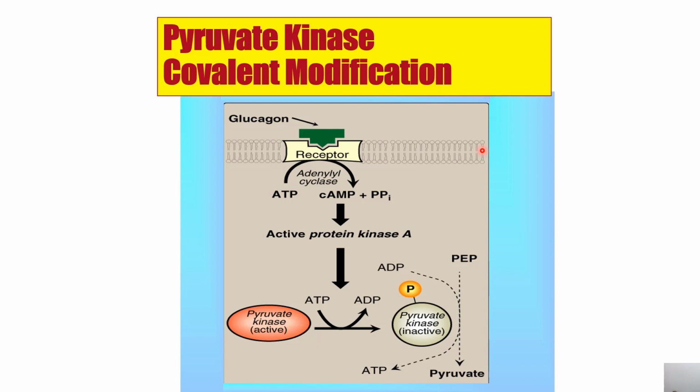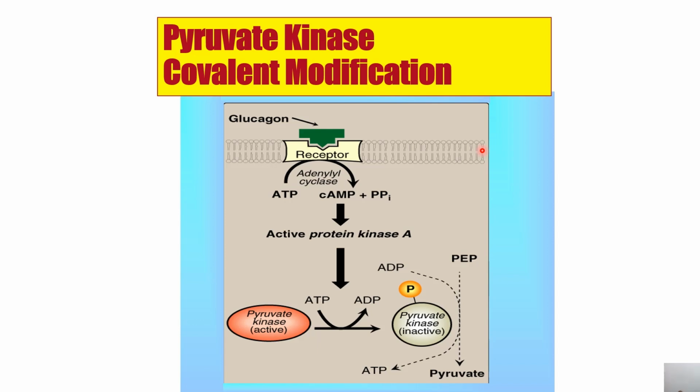Next we talk about pyruvate kinase. What happens is that pyruvate kinase is generally in the inactive form. The PEP, or phosphoenolpyruvate, will get converted to pyruvate only when pyruvate kinase is available.